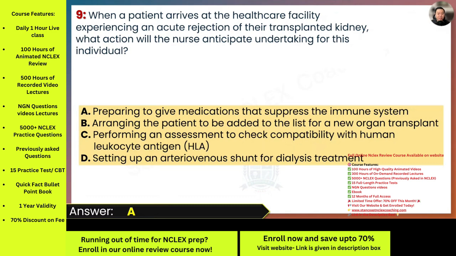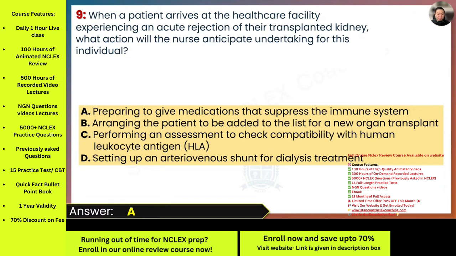Letter D is also incorrect because dialysis is not the first line response to an episode of acute transplant rejection. Even though dialysis may be required if kidney function starts to deteriorate to the point the organ fails, in the case of acute rejection, the priority is to attempt to reverse the rejection with immunosuppressive therapy.